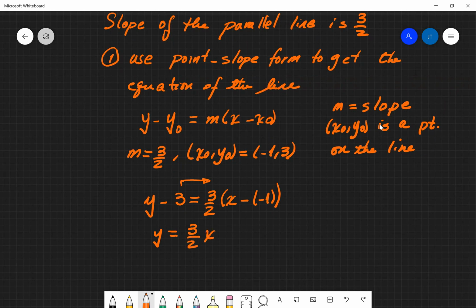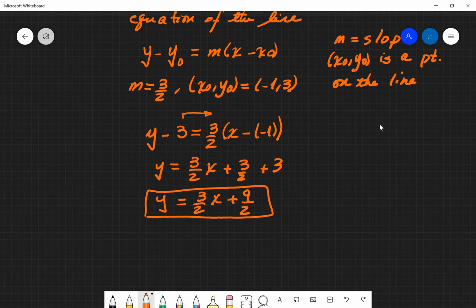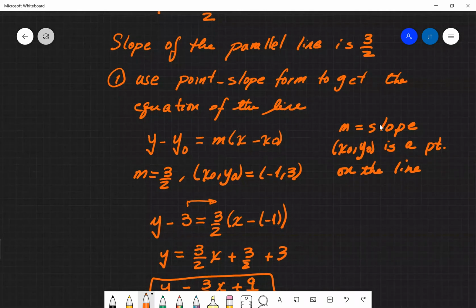Multiply these out: we have 3/2 x plus 3/2, plus 3. So this is y = 3/2 x + 9/2. This is the equation of the line parallel to the given line. As you can see, they have the same slope, different intercept. So that was using the point-slope form.